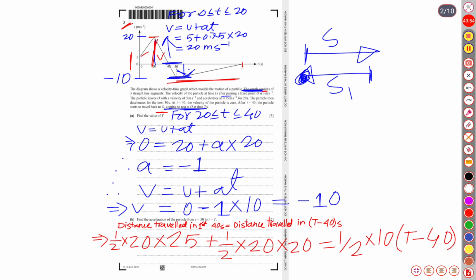Okay, if we calculate this, it is going to be 250 plus 200, so 450 on the left side.